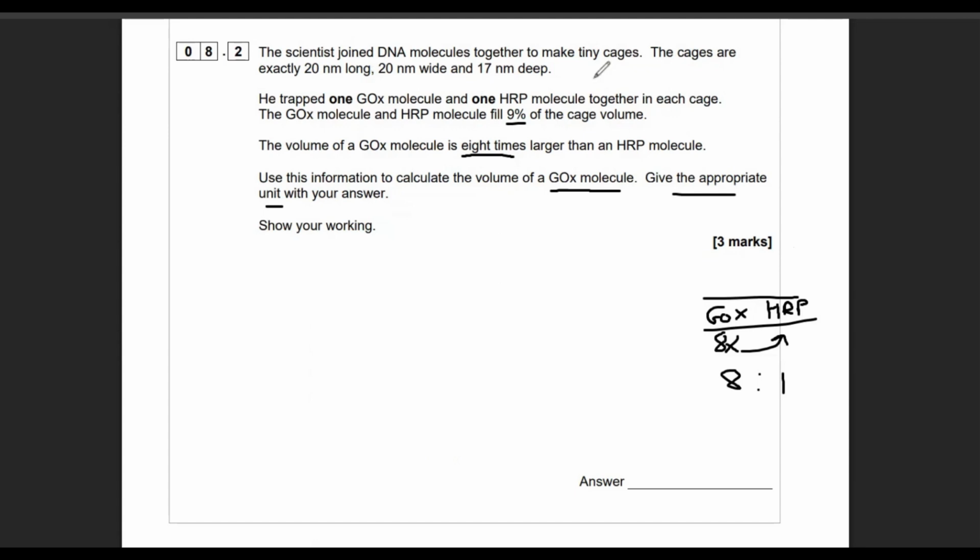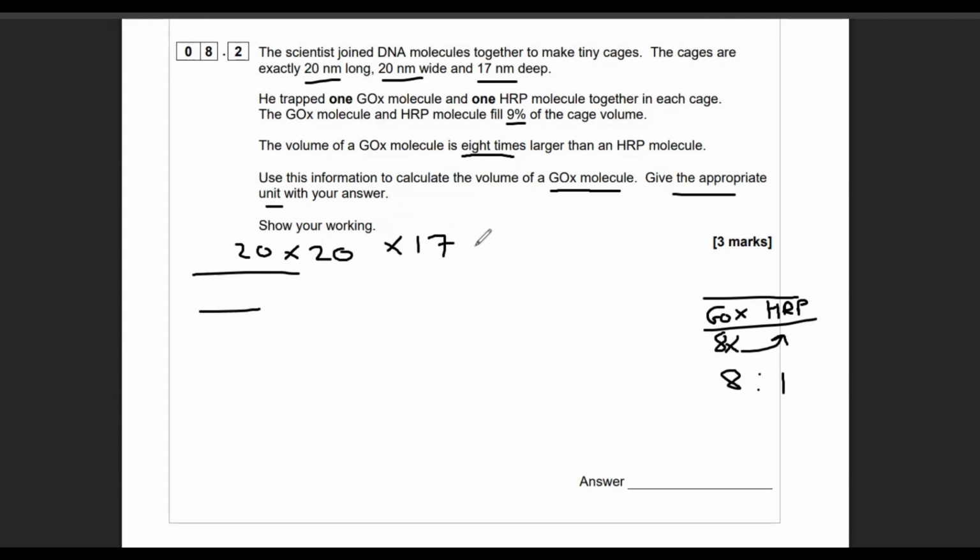So what we want to look at first of all, it should strike everybody, you can pick up 1 mark here by just working out the total volume of the cage. So our cage has a volume of 20 times 20 times 17. My mental maths is shocking.